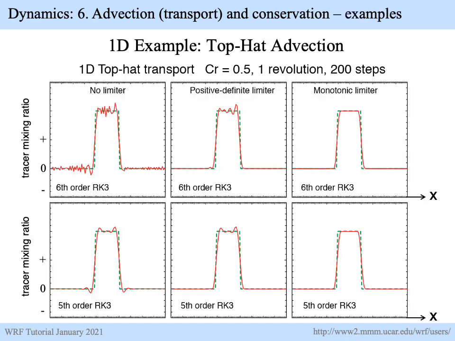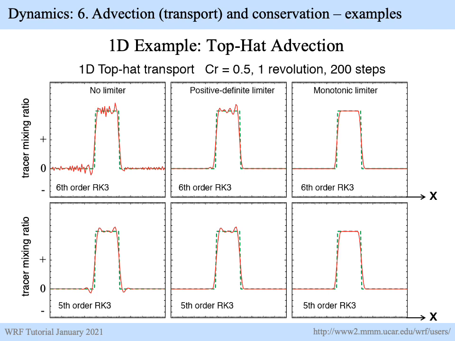An example shows how that actually works. Here's an example, again, one dimension in X, of a top hat, and the top hats are given in the green dashed lines. That's the solution at time 0, and it is transported through this periodic in X domain, so it's transported from right to left.